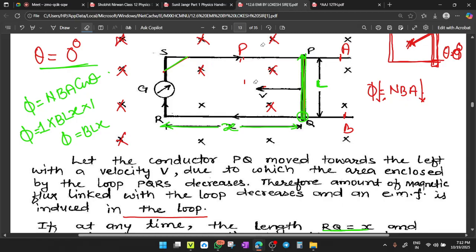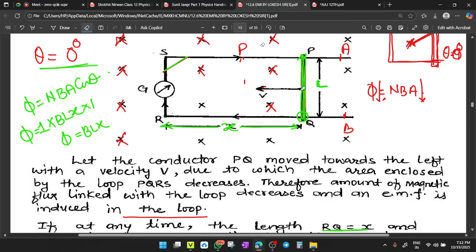First keep your index finger over the line PQ as it is moving. So keep your index finger on the limb PQ. Now point your thumb toward the velocity, because you are displacing your limb to this side, the left side. So this is the direction of force. You can observe your middle finger will be pointing downward.